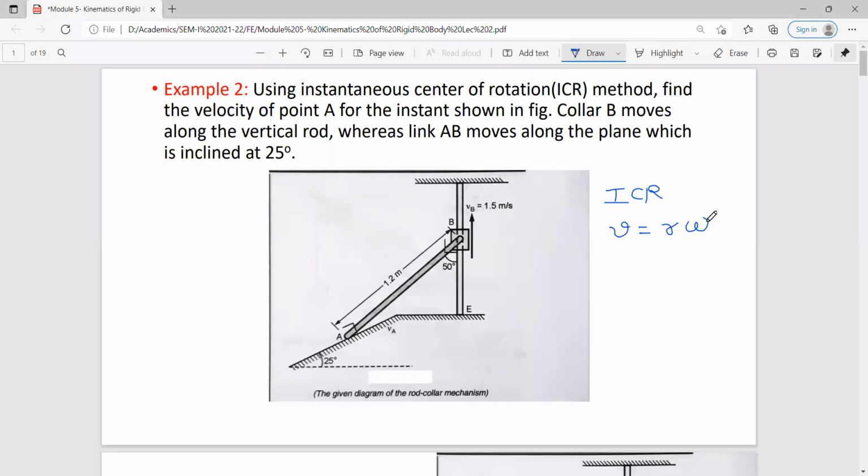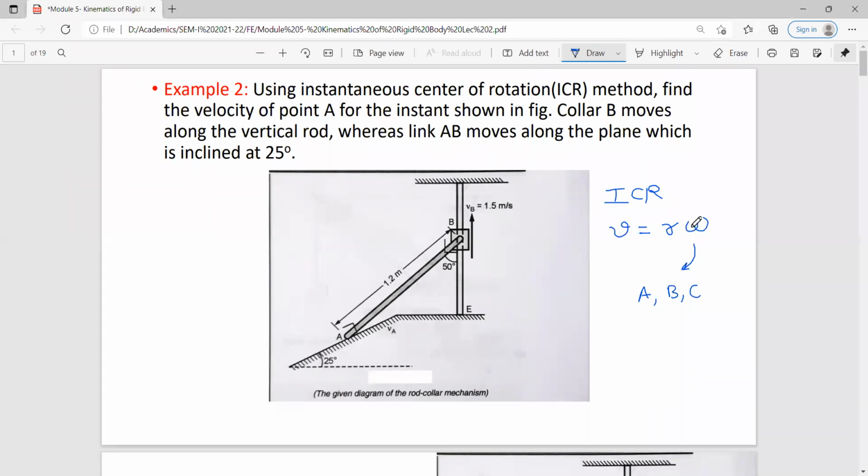Whenever a body is concerned, suppose a number of points are there on the body, say points A, B, C, etc., they will have the same angular velocity.